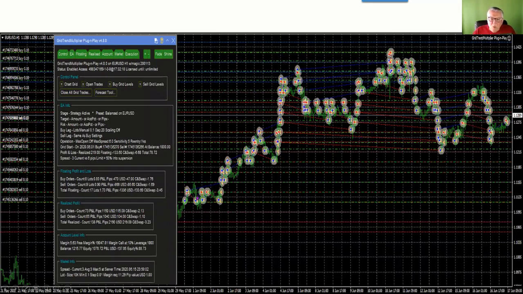So it takes a while for grid trend multiplier trading to mature. While it was going up here, it was probably in quite a strong drawdown. When it reached there, it most probably was in a very strong drawdown.